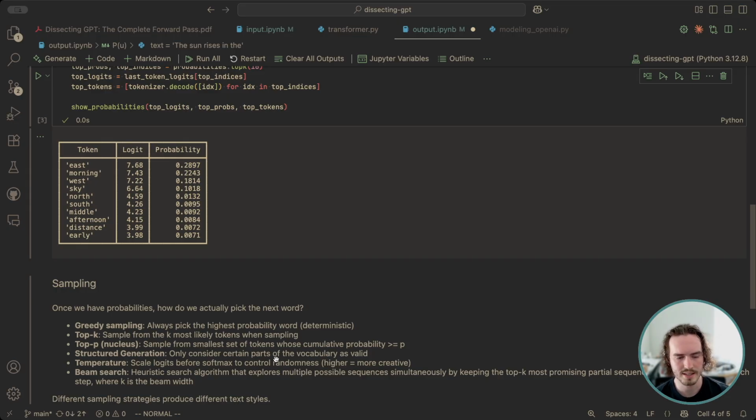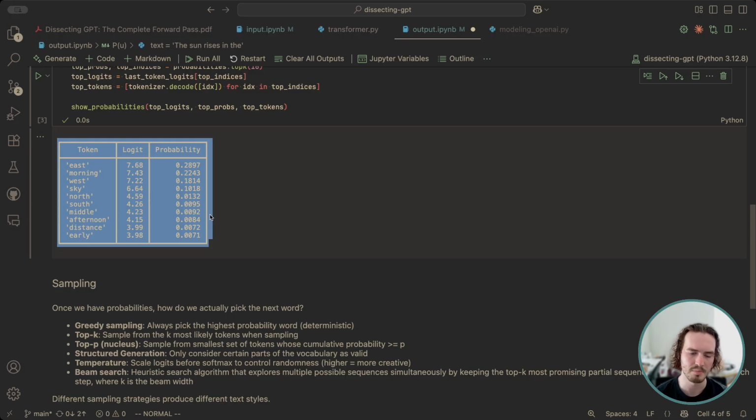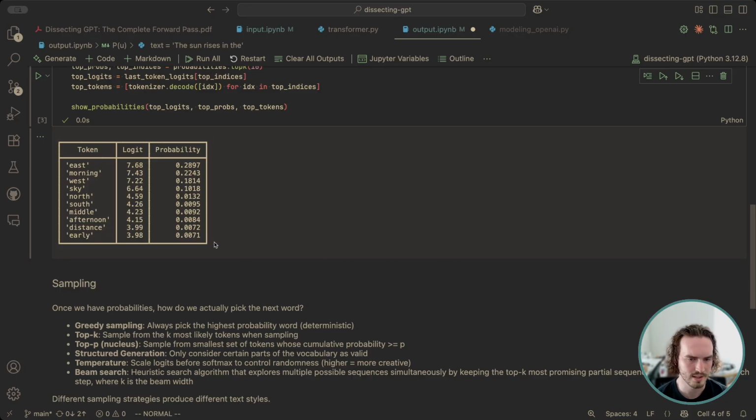And then there are other things like top K and top P, where essentially we are limiting the space that we're looking at. In the case of top K, we're looking at the top 10, and then we could randomly pick from there. And top P is similar in terms of shaping the set that we're going to randomly pick from, but that's a probability rather than a strict number like 10.